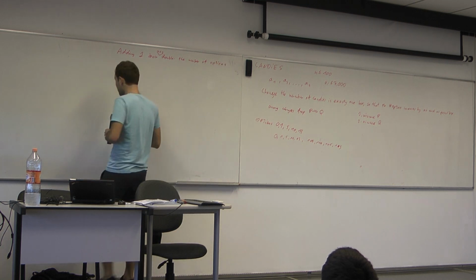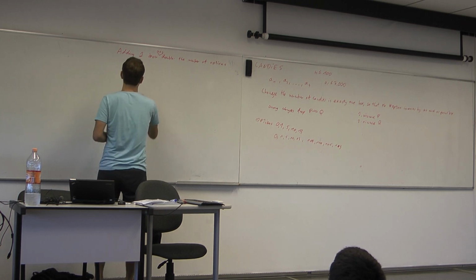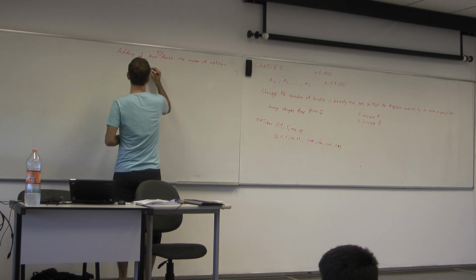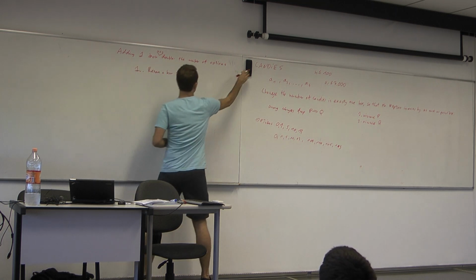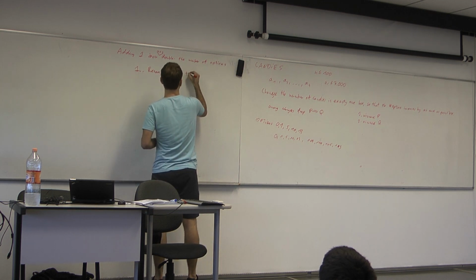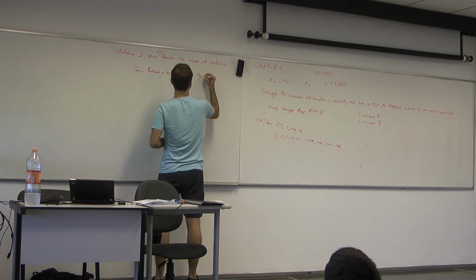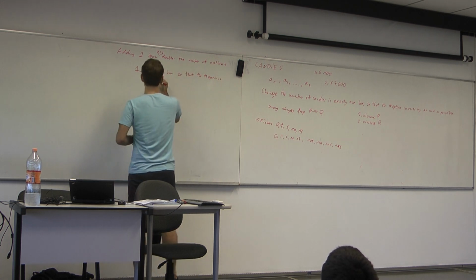So, because of that, we will do this in 2 stages. Stage 1, remove a box so that the number of options decreases as little as possible.